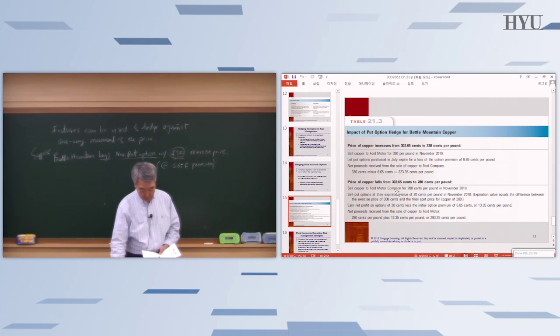And put option here will be useful in this case. Okay, suppose copper.